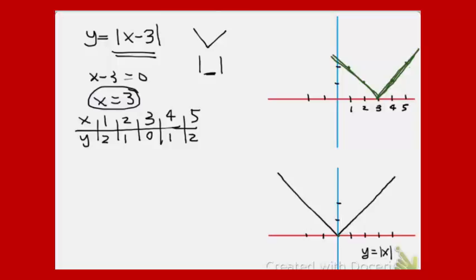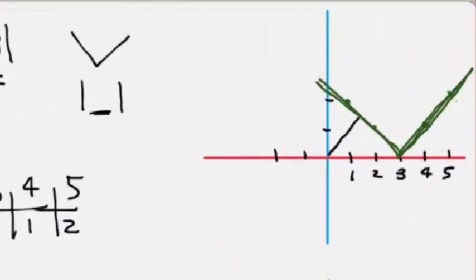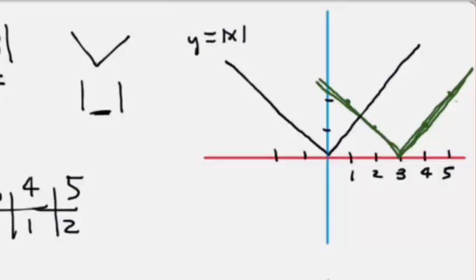Okay, and now to finish the problem, you could put the parent function back on the chart. As we learned, y equals the absolute value of x, and the child, as I like to call it, y equals the absolute value of x minus 3. It's shifted to the right.